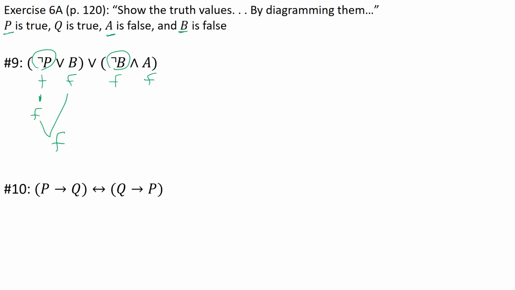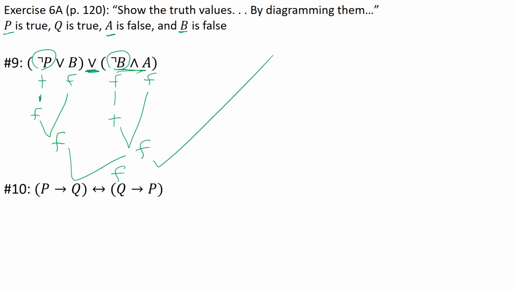We have a negation right over here, so that false statement is now a true statement. And we have a conjunction, but one value is false, so that's a false conjunction. And overall, our dominant sentential connective is a disjunction. Both values are false, so that is a false statement. So overall, number 9 is false.